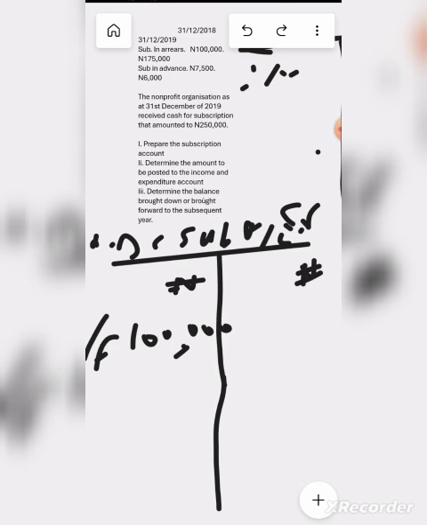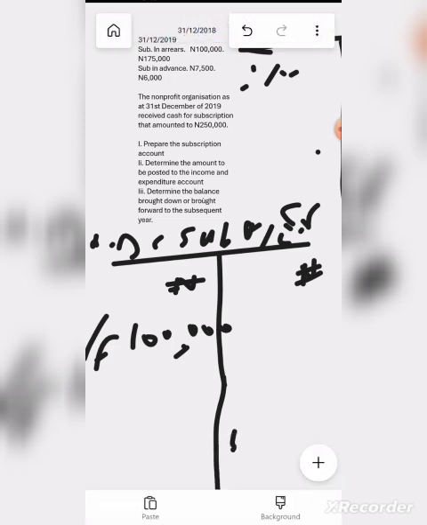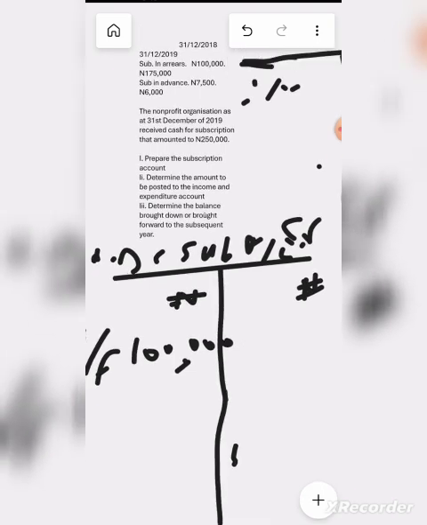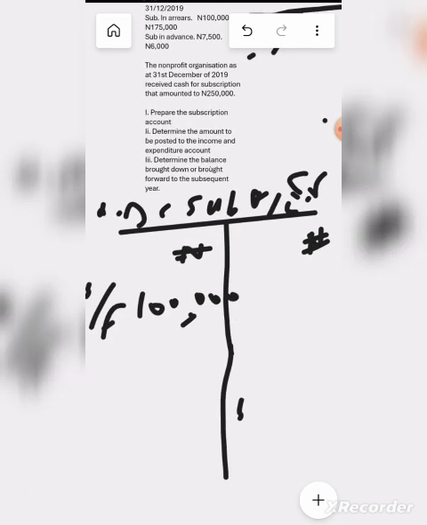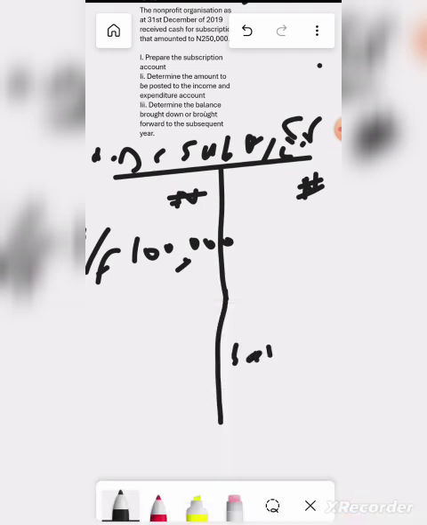So let's type that here: balance carried down, that's 175,000.